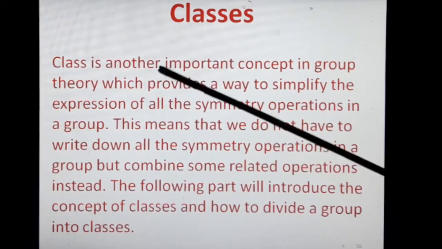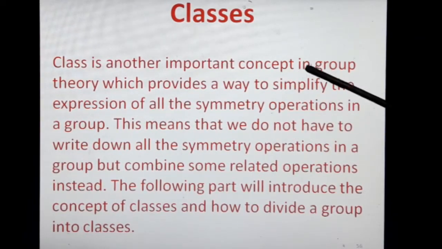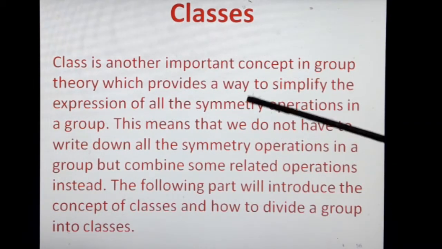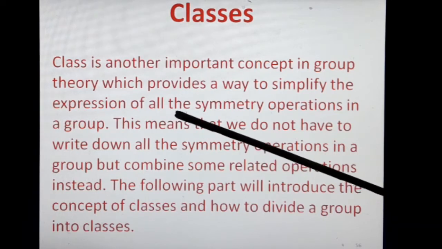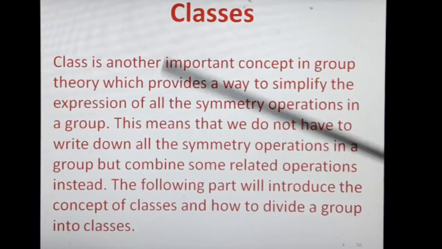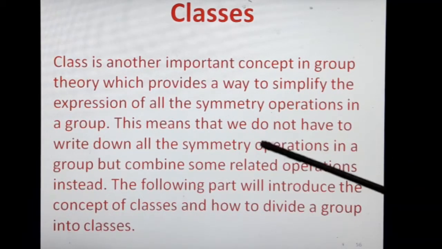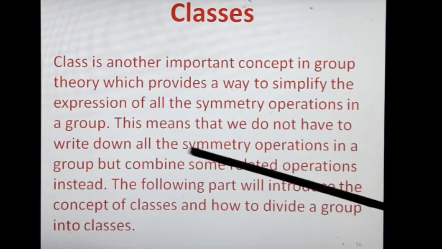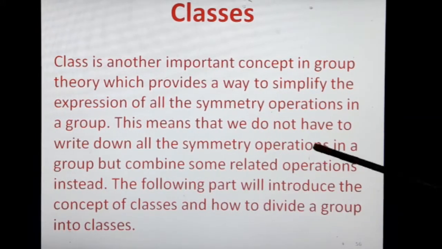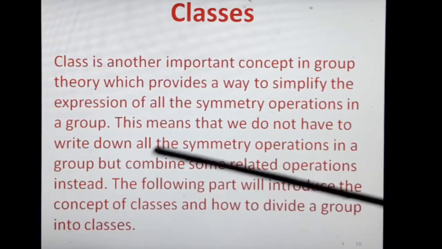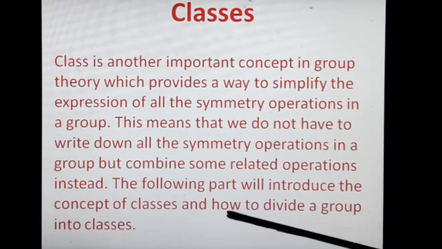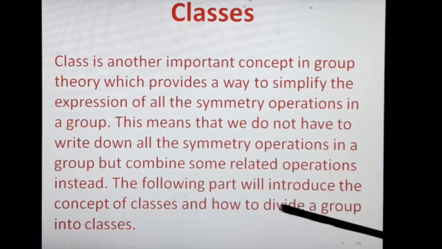Class is another important concept in group theory, which provides a way to simplify the expression of all the symmetry operations in a group. This means that we do not have to write down all the symmetry operations in a group but combine some related operations. The following part will introduce the concept of classes and how to divide a group into classes.